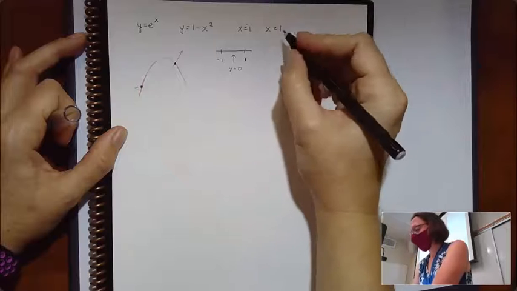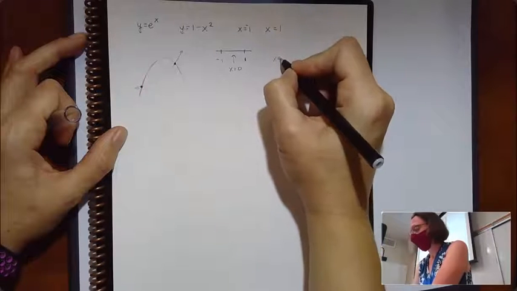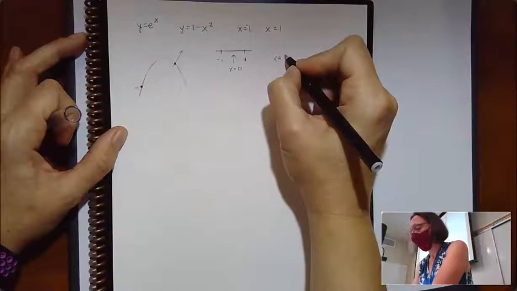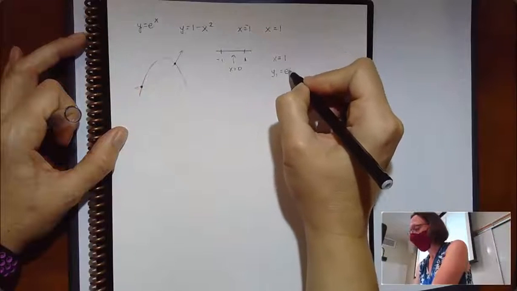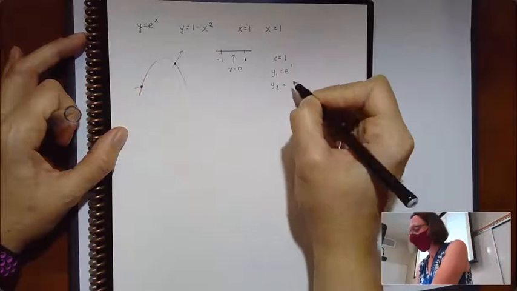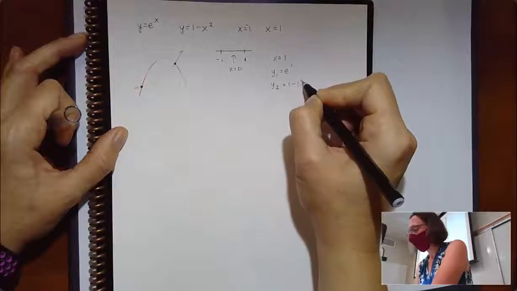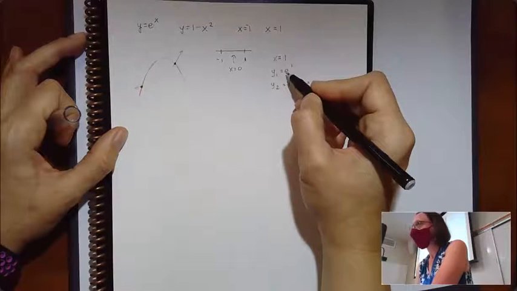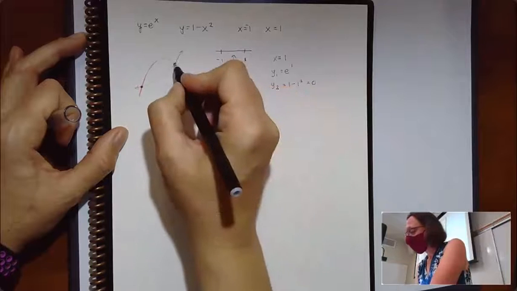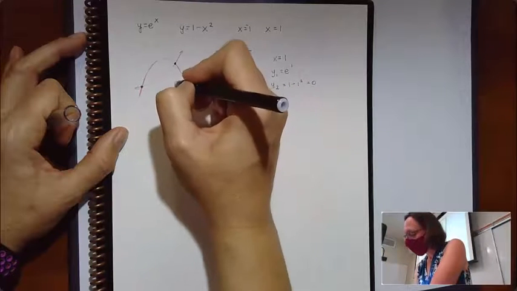So I might see what happens when x equals 1. And when x equals 1, I'd have e to the 1 or 0, the exponential's on top. So that tells me this had to be the x equals 0 point.